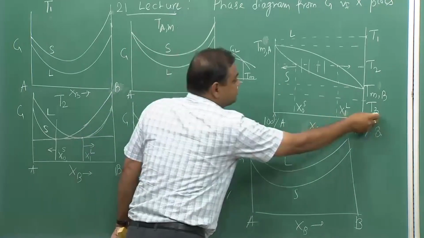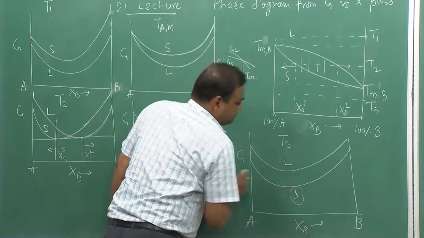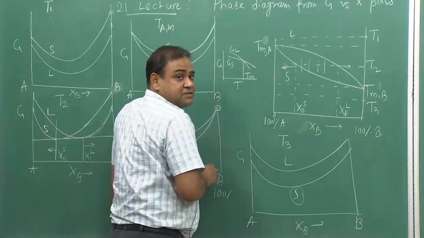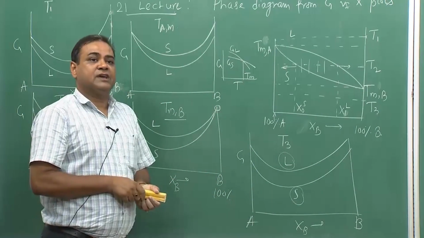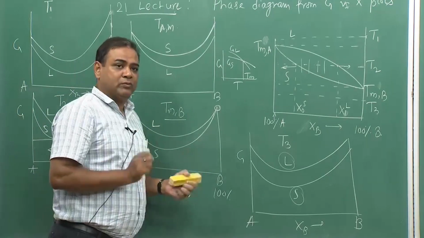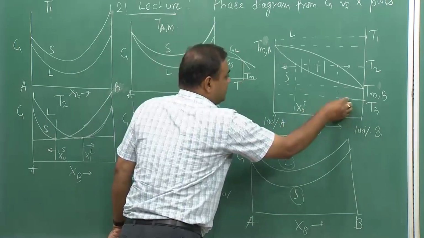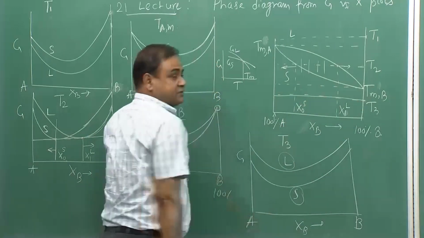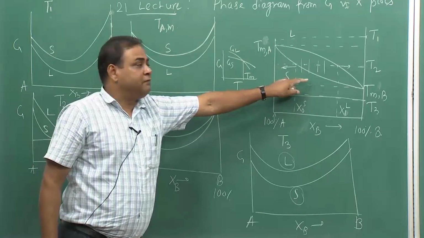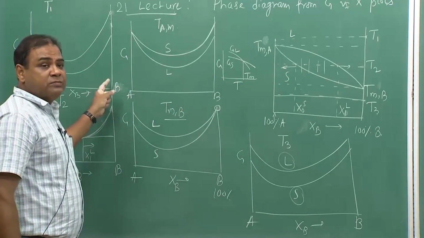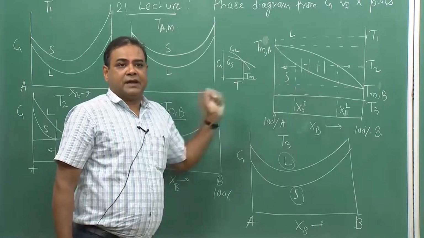Now, once we come to T3, you see the solid free energy at all compositions is lower than the liquid free energy, and that is what we have: all solid, no liquid anywhere. So that way we try to draw a composition free energy diagram, and from that we can derive a phase diagram.